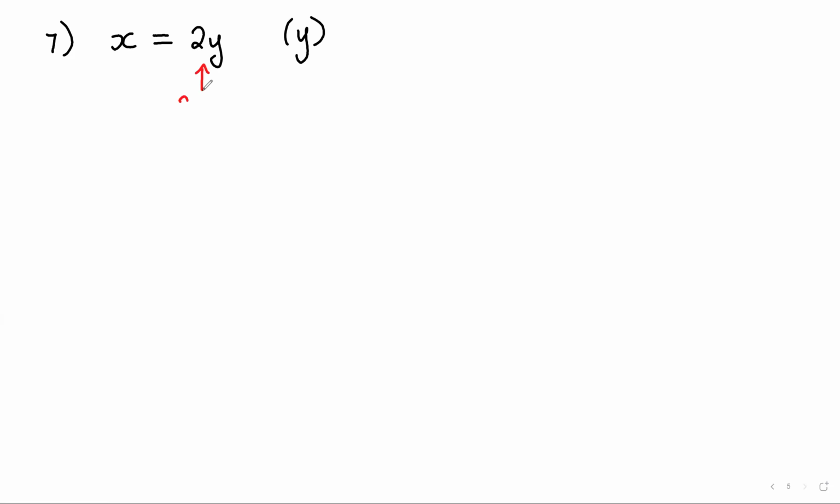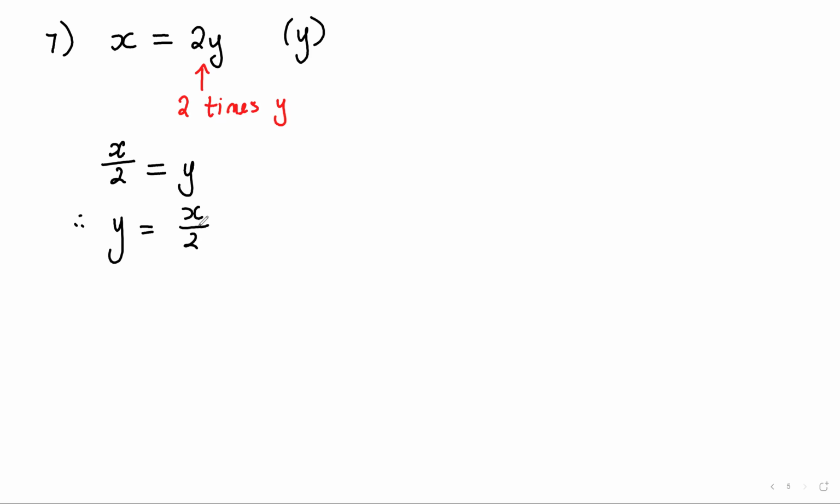If I want to get rid of the 2, because I want y by itself, I have to do the opposite of times by 2, which is dividing by 2. So x divided by 2 is equal to y. If y is the subject, y is equal to x over 2.